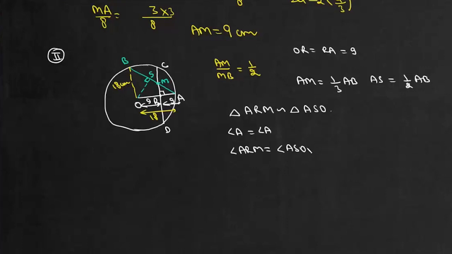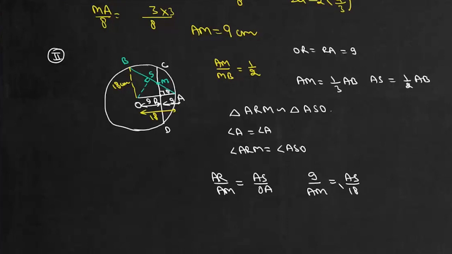So from AA property, these two triangles are similar, and if they are similar, then AR upon AM will be equal to AS upon OA. Now AR is 9 and this is AM, this is AS and OA is 18.